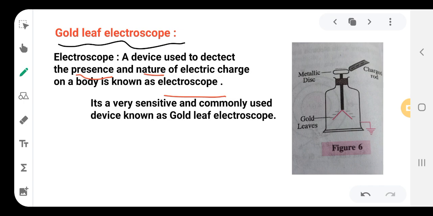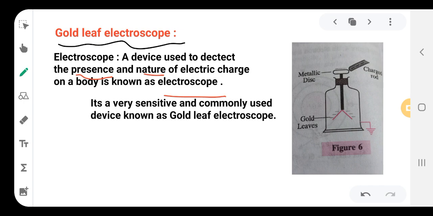It is a device used to detect whether there is a charge on that body or not, and to see the nature, whether it is a positive charge or a negative charge. So in order to determine the nature of that electric charge, we need a device known as an electroscope.